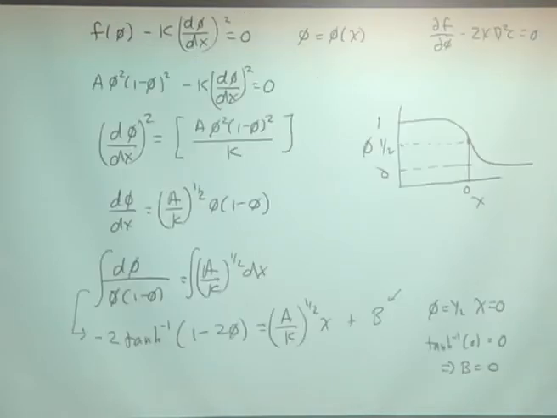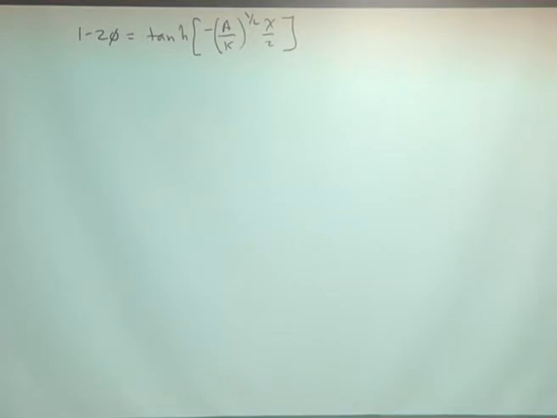And so that means that 1 minus 2 phi is going to be equal to the hyperbolic tangent of minus (A/k)^(1/2) x over 2. Let's see. Yes, minus, right? And you know that the hyperbolic tangent of minus x is equal to minus the tangent.